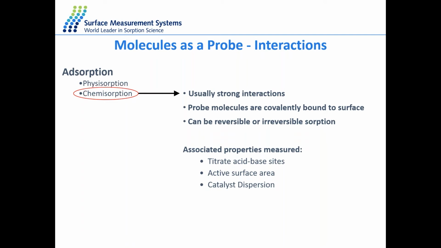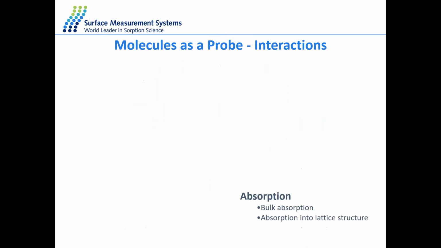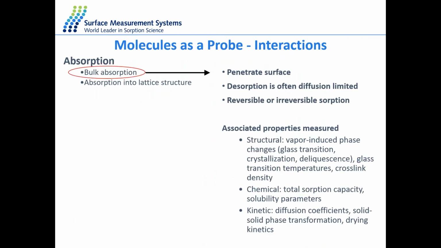Our presentation today will be mainly focused on the other part of the interaction, so the absorption, when the molecules not only pile up on the surface, but also penetrate through the bulk. The desorption process is usually limited, specifically by a phenomenon of diffusion. So the molecules don't only desorb, moving away from the surface of the sample, but they also have to migrate from the core of the sample to the outside.